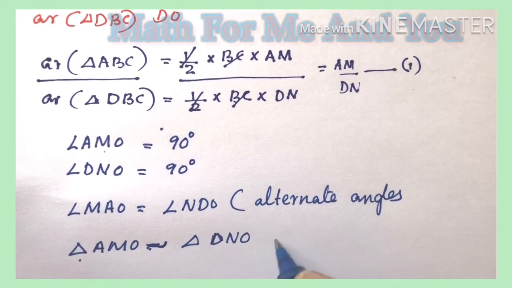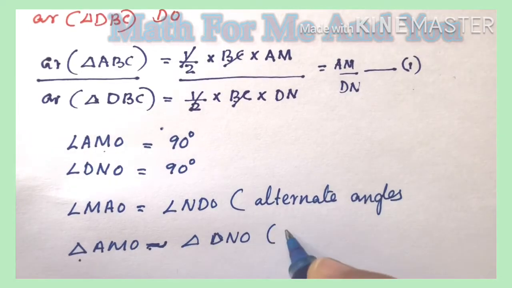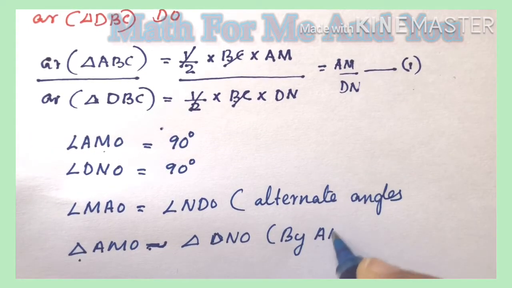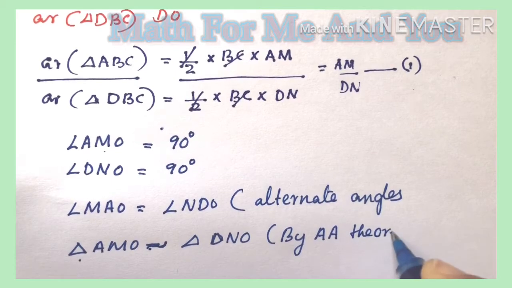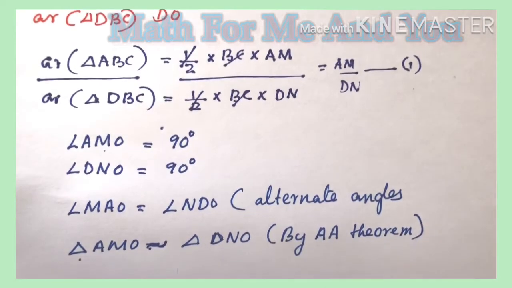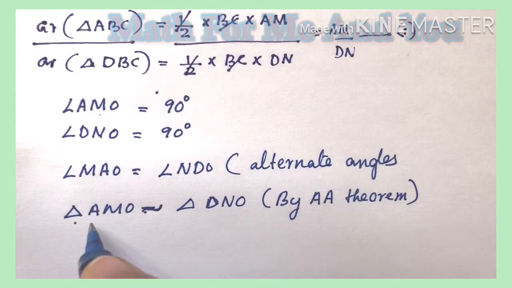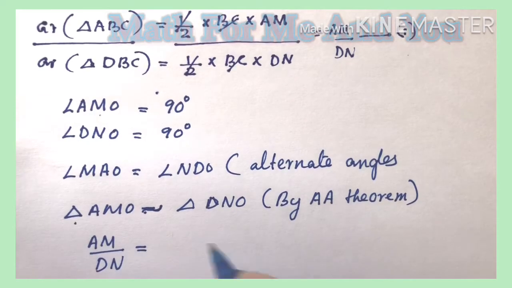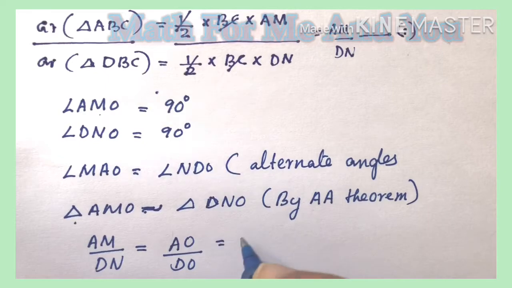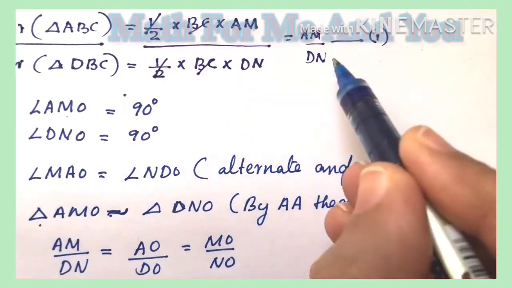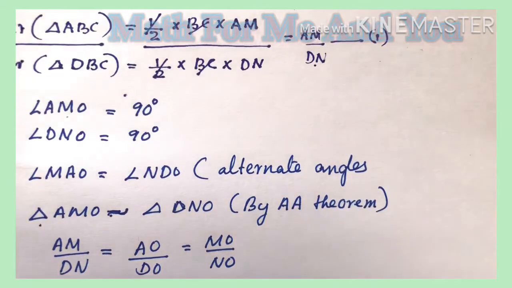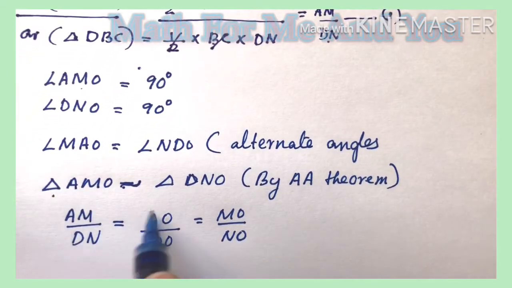If two triangles are similar, then the corresponding sides' ratios are equal. That means here we can take AM by DN is equal to AO by DO is equal to MO by NO. Then from equation number 1, what is AM by DN?